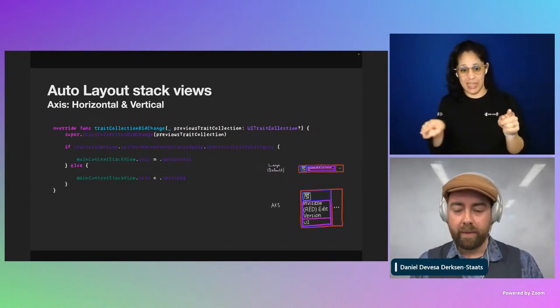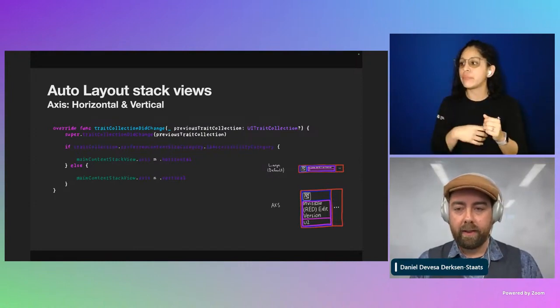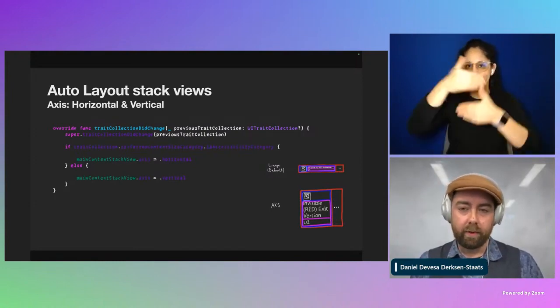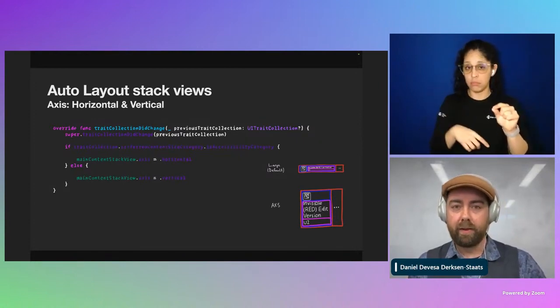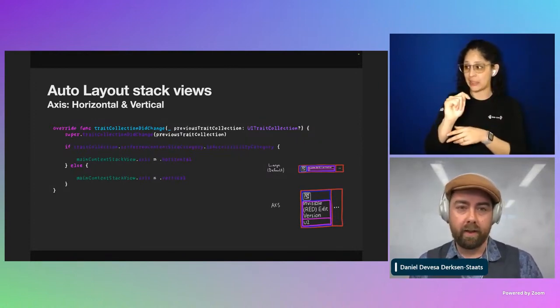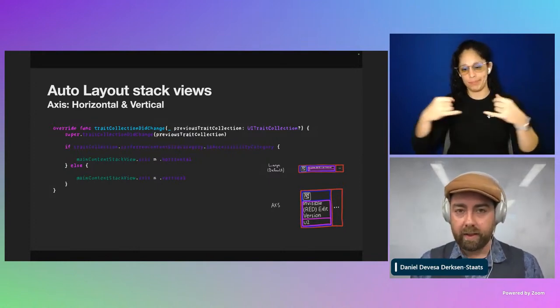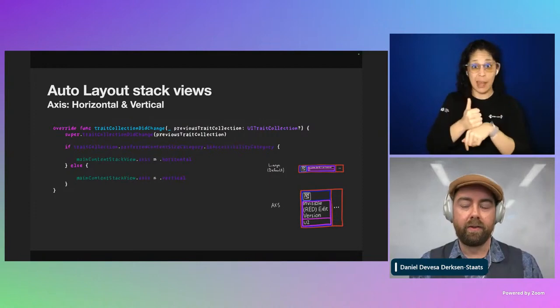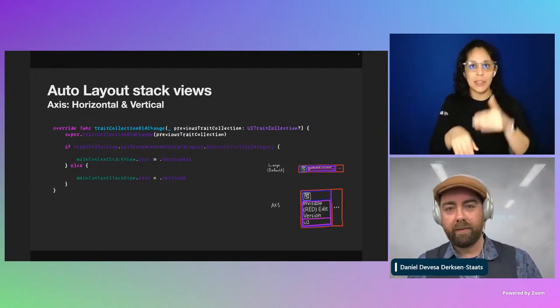On the screen, I'm showing an example pretty similar to the previous one, where there is a stack view represented in blue where I'm displaying an image and some text next to it because the axis is horizontal. But when the user decides to use a larger text size, I flip the axis to vertical so the image comes first and underneath the image, the text. So you have more space for the text.